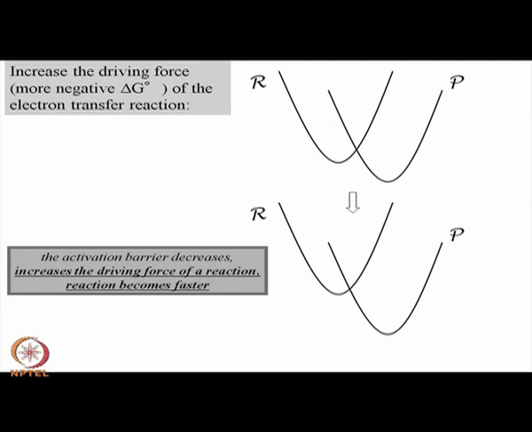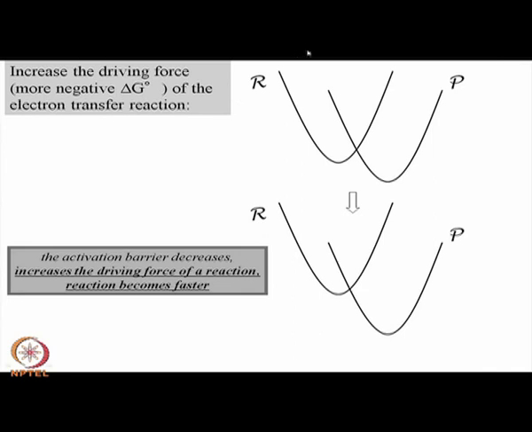So, more negative delta G means the driving force is more. In that case, your initial activation barrier was like this. Now this activation barrier has reduced. So, increasing the driving force of a reaction makes the reaction faster.